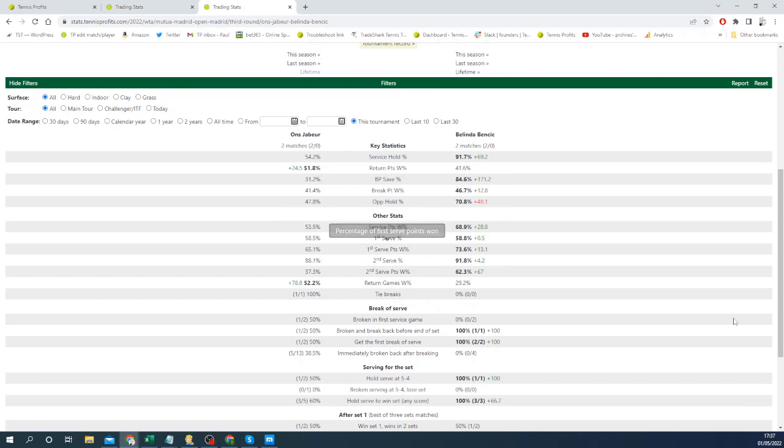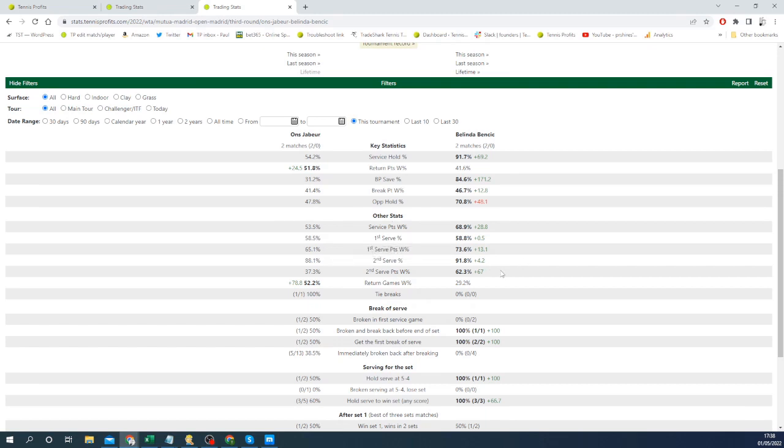Other stats that we've got: service points won, first serve percentage, points won on first serve, second serve percentage, which is always going to be pretty high unless somebody's hitting a lot of double faults, and the percentage of points won. They're quite useful, these tooltips. They're a bit annoying when you're just moving down the screen, they keep popping up.